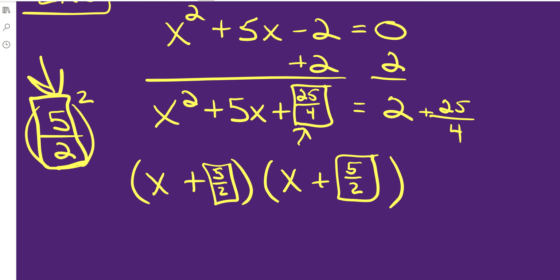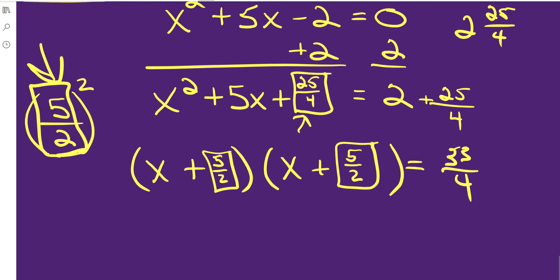Okay, and then that's going to equal 2, and 2 plus 25 over 4 is 2 and 25 over 4. But I want that not in a mixed number, I want it as an improper fraction. So that's the same as saying 2 times 4 is 8, 8 plus 25 is 33 over 4. And we're in great shape now.